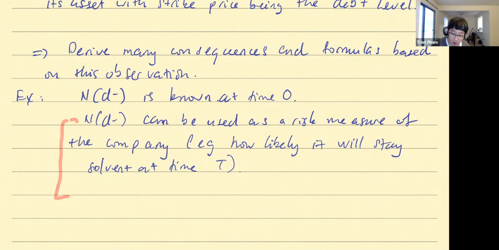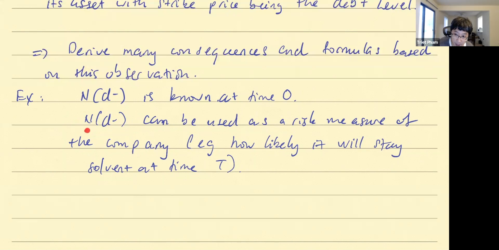The answer is that by itself, maybe it doesn't mean much, but you could, for example, compare. Using this model, you can compare this risk for similar companies in a similar period. And if, say, for a particular company this number is relatively high compared to the other companies, the idea here is that whatever happens in the risk neutral world in terms of ranking should be similar in terms of ranking in the physical world.